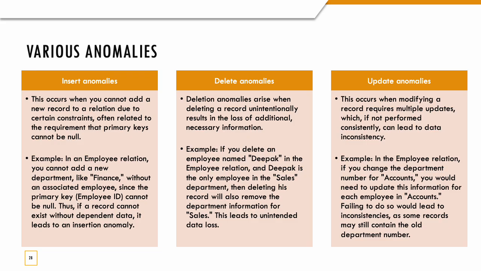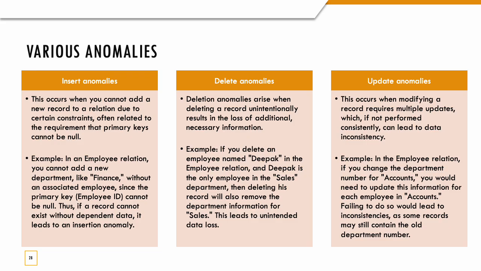This can be a problem if you want to keep track of all departments, even if they currently have no employees. Deleting Deepak's record unintentionally removes the sales department information, which could lead to a data loss you didn't intend. So that was the delete anomaly.